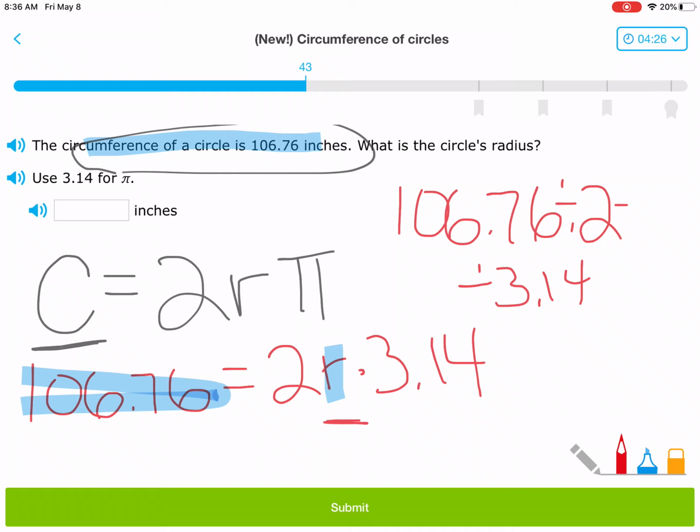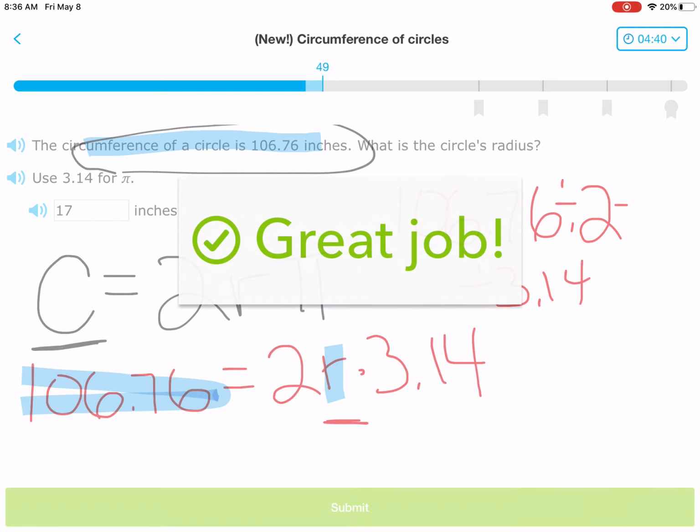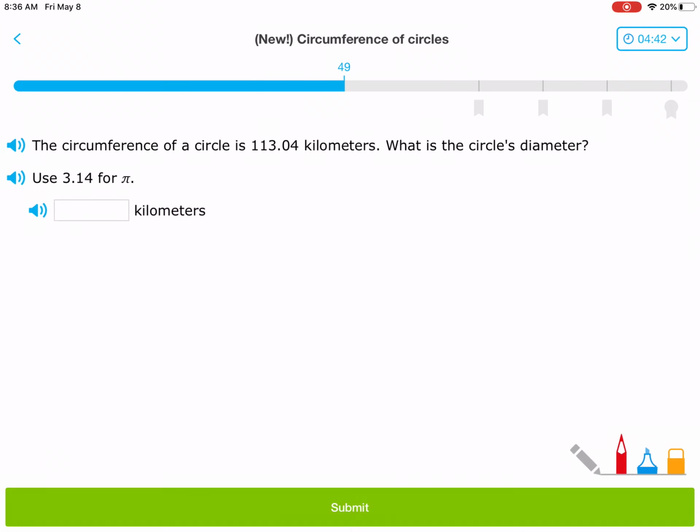So 106.76 divided by 2, and then divide by 3.14. And that will give you 17. We had to work backwards for this one. It didn't want us to find the circumference, it gave us the circumference.